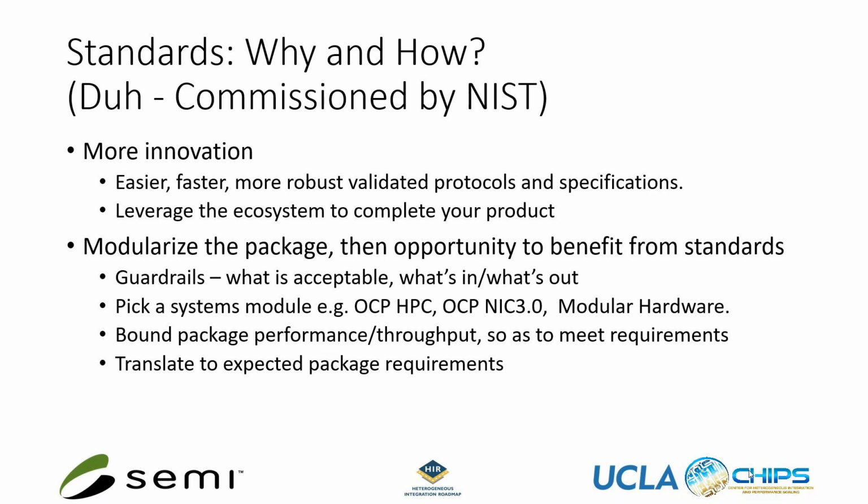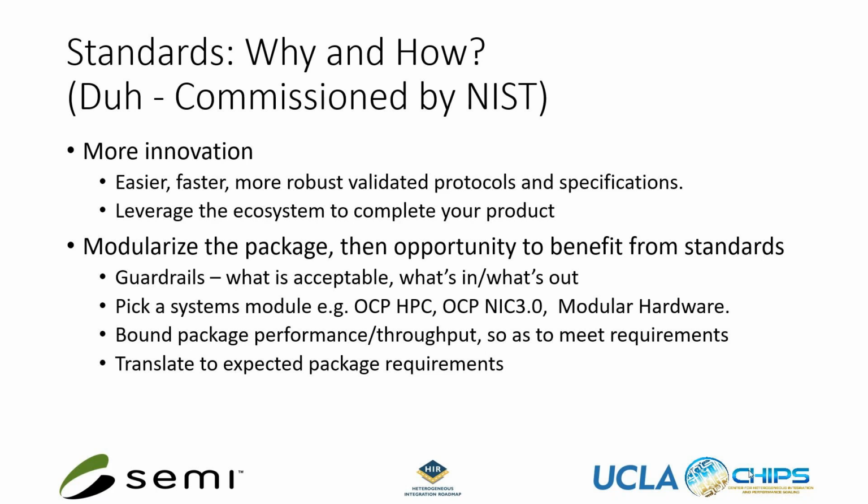The general idea that we're poking around on is to modularize the package that chiplets go into, and then maybe can we modularize the package? And what we mean by that is to develop guardrails for what's acceptable, what's in, what's out.